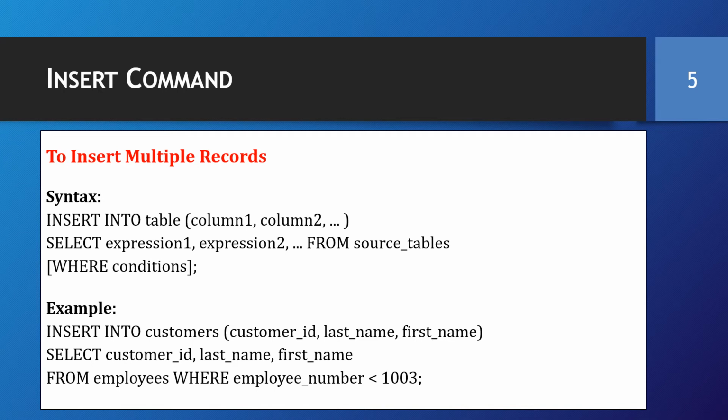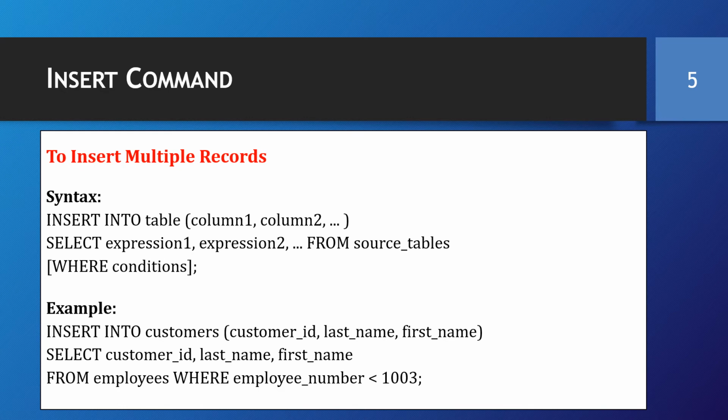All such records are extracted, and that is going to be inserted into our table customers. The column names are defined as customer ID, last name, first name. So all these values from the employees whose employee number is less than 1003 are retrieved and inserted into the customers table. So we can insert multiple records into our customers table using a single insert command.